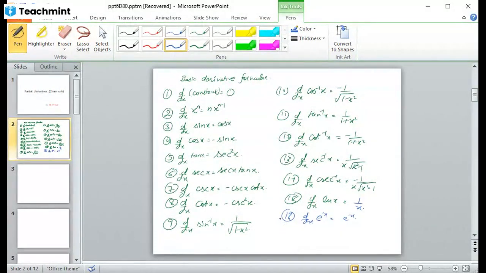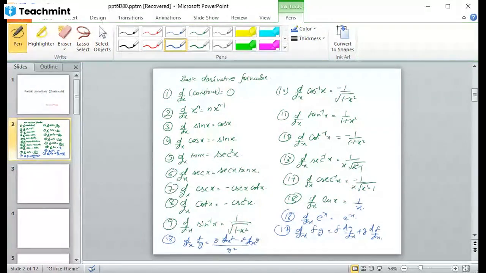Okay, apart from this, we have the product rule and the quotient rule. The derivative of f into g is f times the derivative of g plus g times the derivative of f, and the derivative of f upon g is, over g square, g times the derivative of f minus f times the derivative of g.